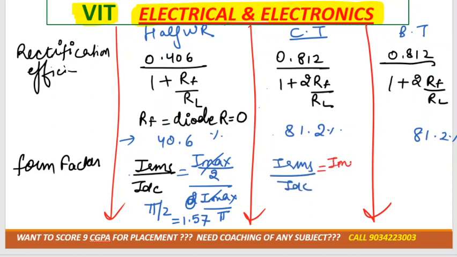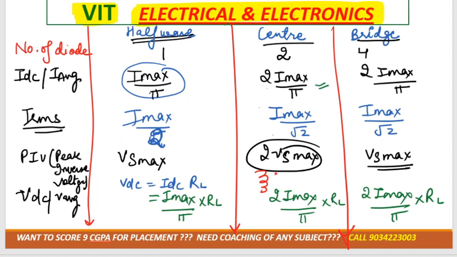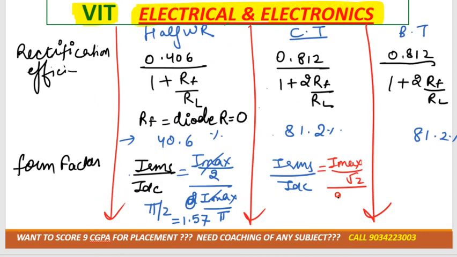IRMS is Imax by root 2, and IDC, as you know, is 2 Imax by pi. Imax would be cancelled out, then you will get the further value.